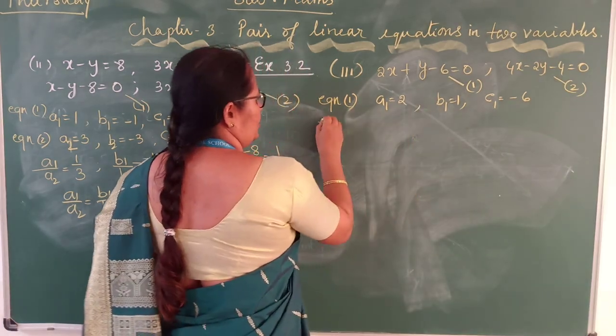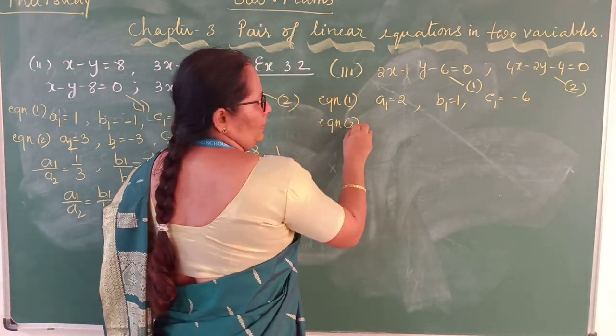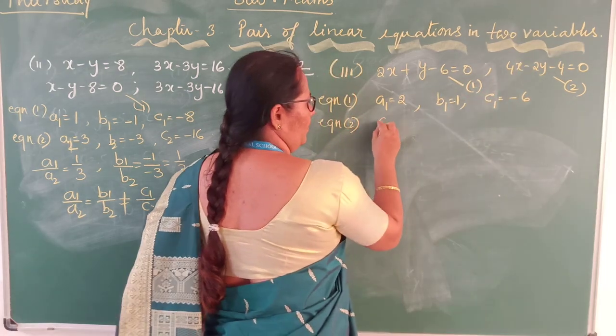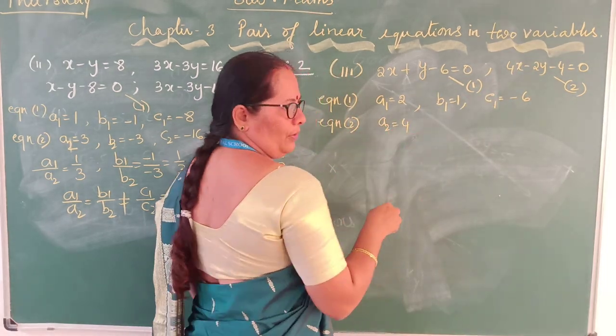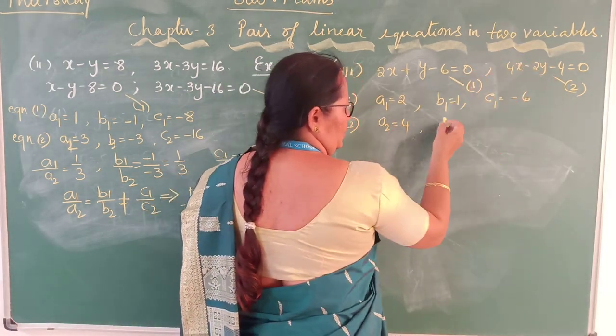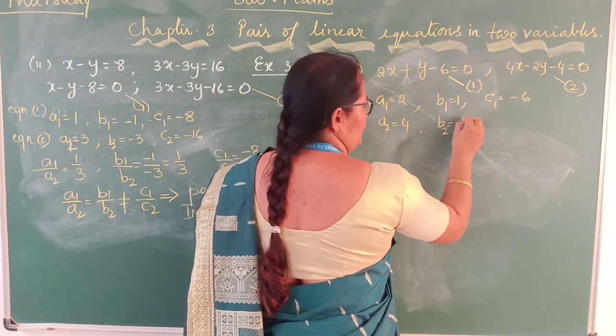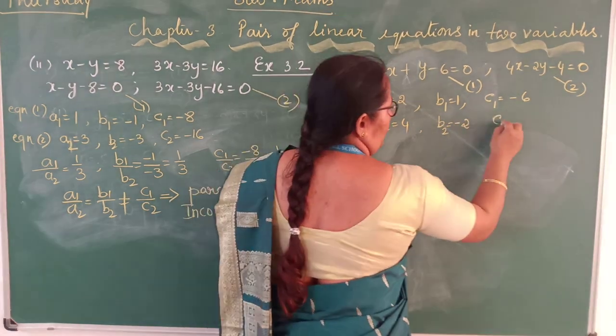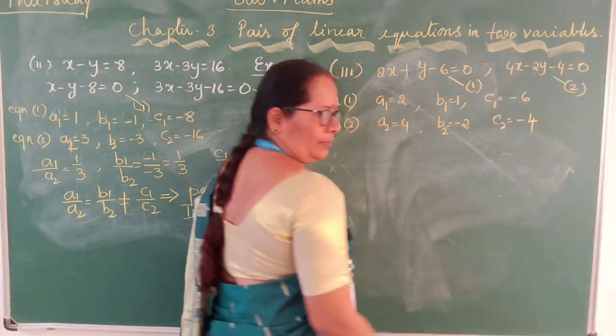In the second equation, the coefficient of x is 4, that is a2 equals 4, and the coefficient of y, that is b2, equals minus 2, and the constant term is minus 4.